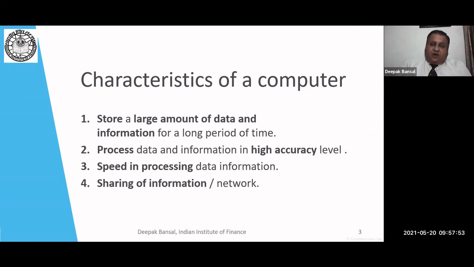Today when we are talking of computers, we are talking of networks, of the internet, of sharing of information. If you go to the internet, any information, any topic that you are looking for, you can get in a fraction of a second, be it located on any server across the globe. That is what the computer can do. That is the basic characteristic of a computer.